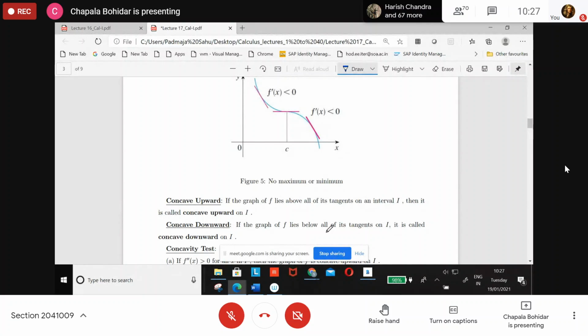It is decreasing, then increasing. At which point are we getting the local minimum? At -1, ma'am. Yes, it is -1, and also 2.